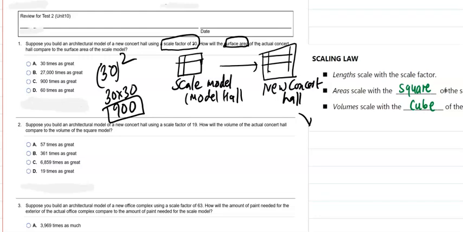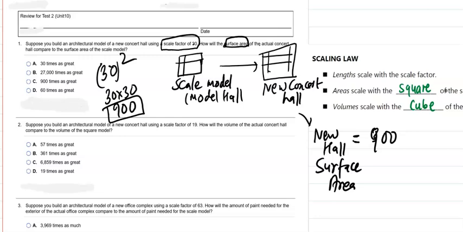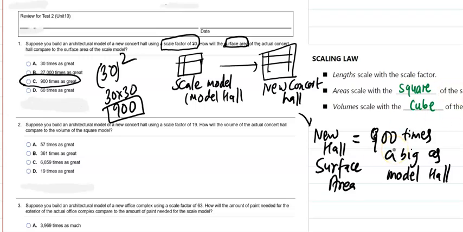So this tells you the new hall surface area is going to be 900 times as big as the model hall. That's what the answer is going to be. So the answer is C, 900 times as great.